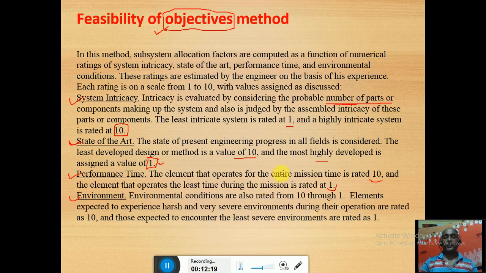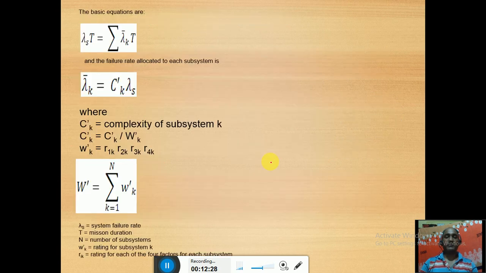Now to understand the way we find out the reliability in this method, we are going to solve one problem so that it will become very easy. Just before that, we'll get such kind of equations. Here lambda is nothing but the failure rate. This method allocates the failure rate.